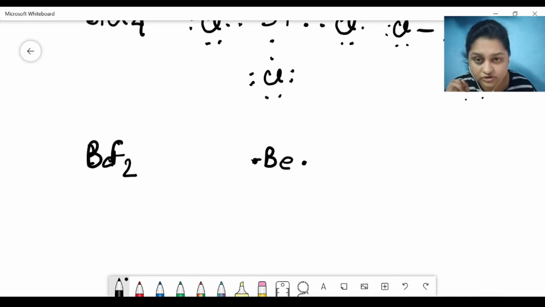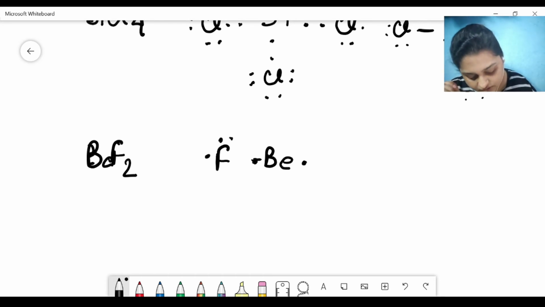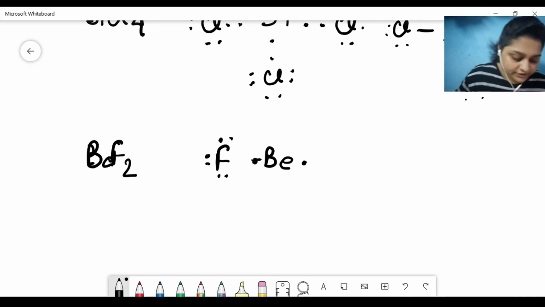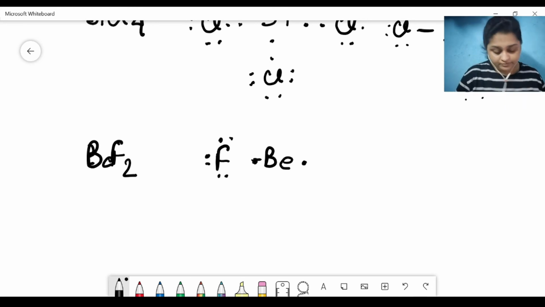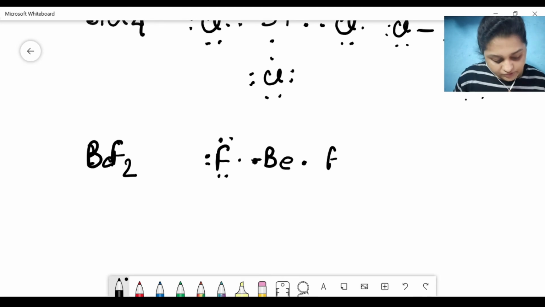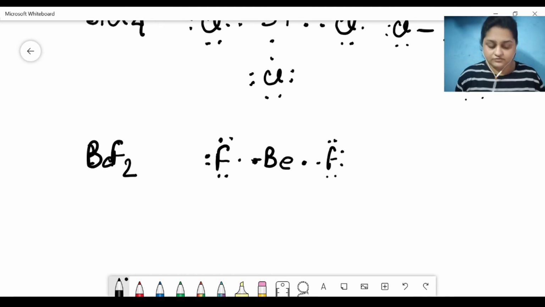These are the 2 electrons of beryllium. Fluorine has 7 electrons in its valence shell. Out of the 7, 1 electron is shared with the electron coming from beryllium. There are 2 fluorines, so there will be 2 sharings, and thus the formation of beryllium fluoride is done.